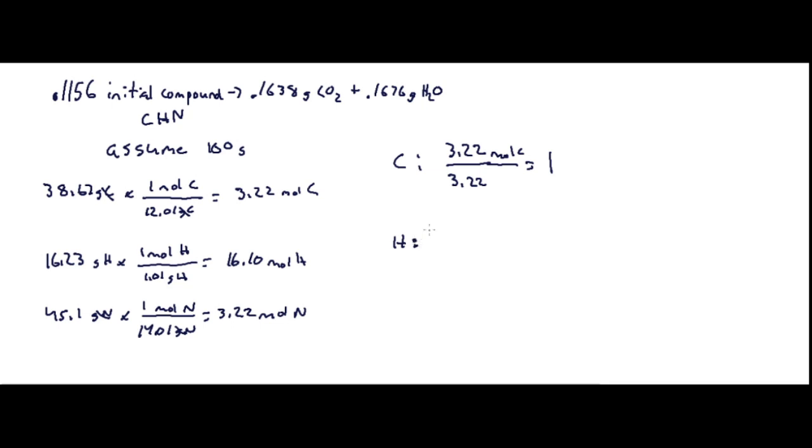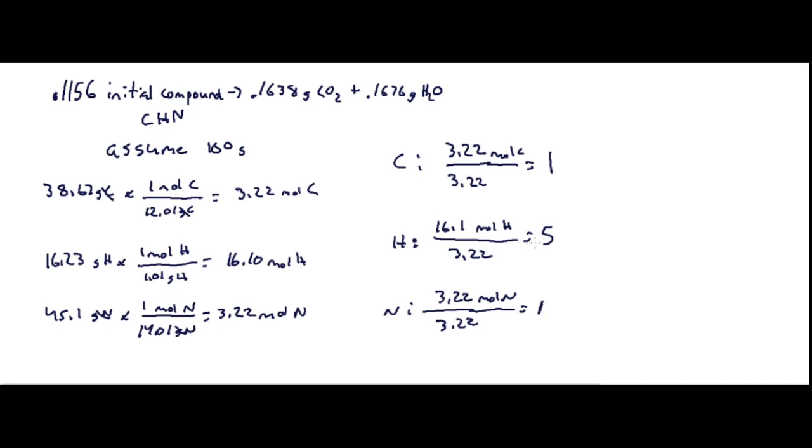For hydrogen, we're going to have 16.1 divided by 3.22. That's going to be equal to 5. And then for nitrogen, we have 3.22 divided by 3.22. That's going to be equal to 1.